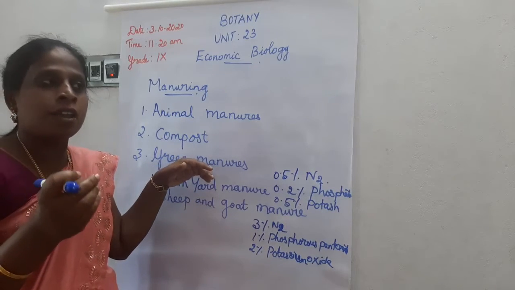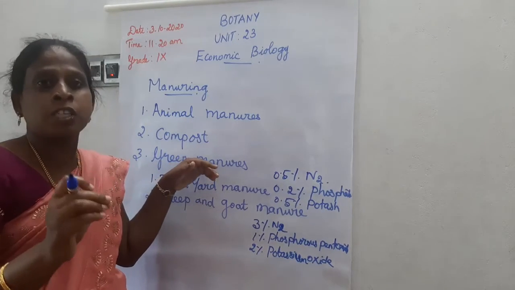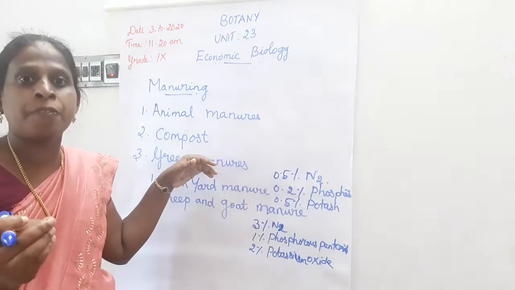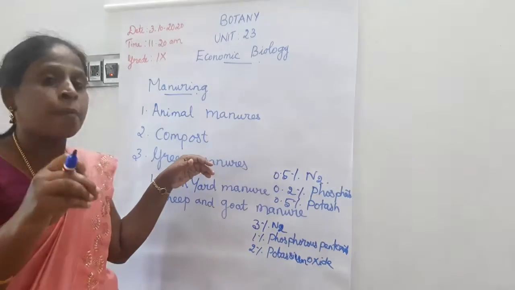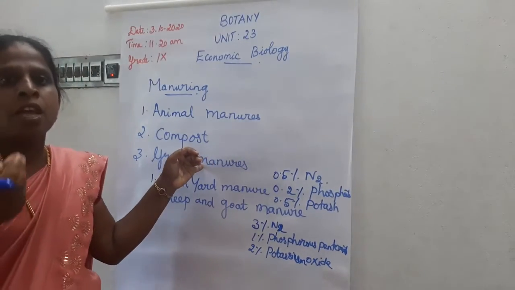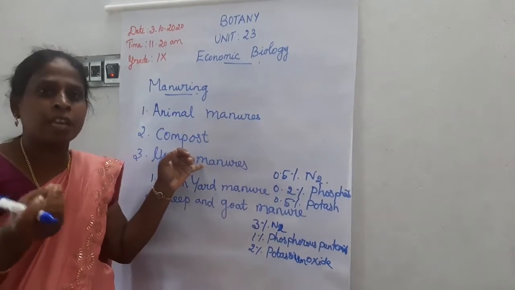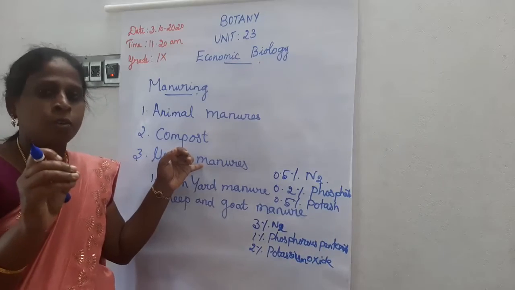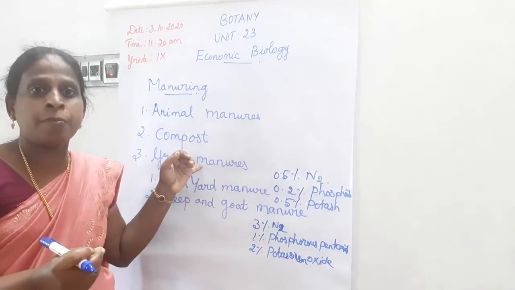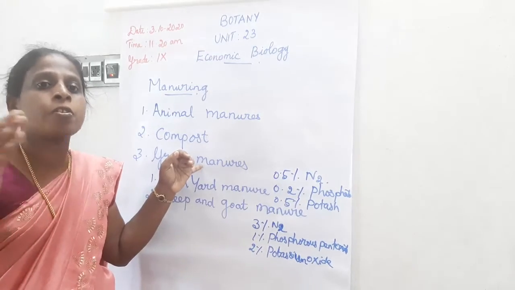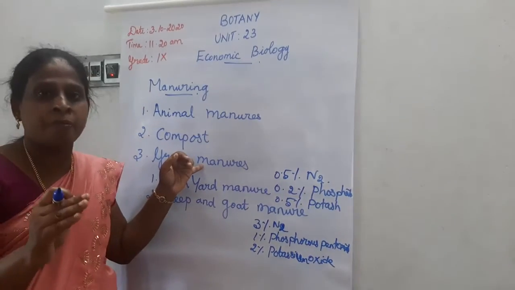Undecomposed organic matter is also obtained from some plants, that is, from leguminous plants. The roots of leguminous plants have root nodules, which contain bacteria, that is, nitrogen fixing bacteria. This also increases the soil fertility.